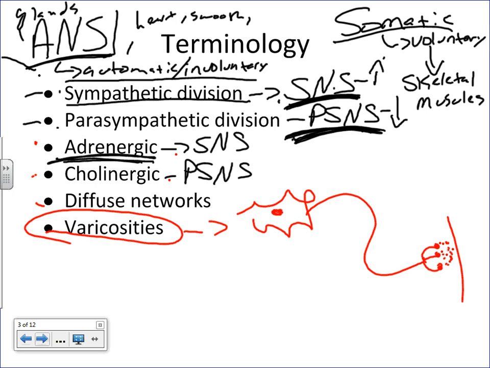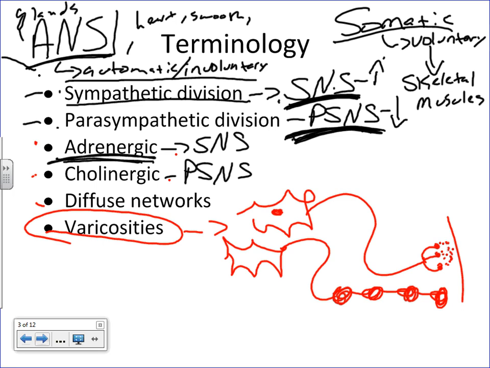Whereas when you're looking at autonomic neurons, whether it's parasympathetic or sympathetic, and more specifically the postganglionic neurons, when the axons start to reach the tissues, they're going to start to form these bulbous-like structures within the tissues. Sympathetic and parasympathetic both form these.